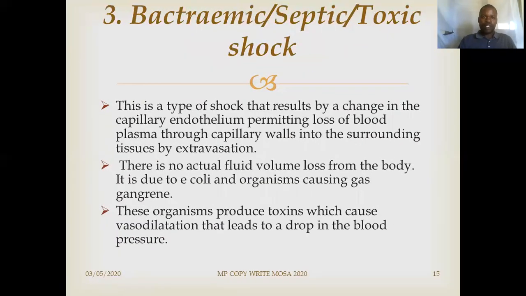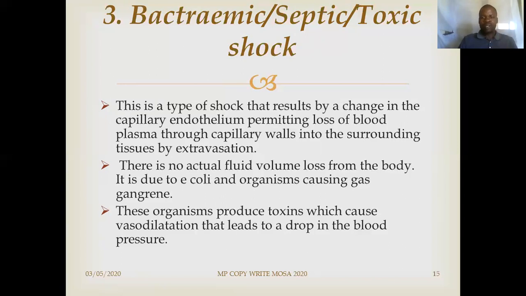Another type of shock is bacteremic, septic or toxic shock. Another classification of shock can be bacteremic shock, septic shock, or toxic shock, one and the same name. This is a type of shock that results from a change in the capillary endothelium, causing loss of blood plasma through capillary walls into the surrounding tissues by extravasation.